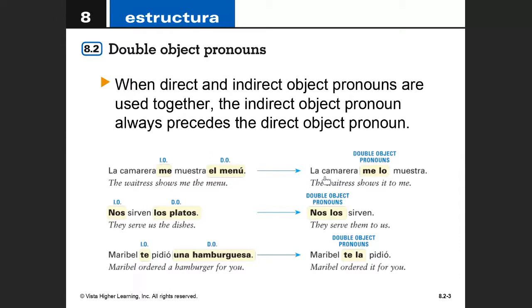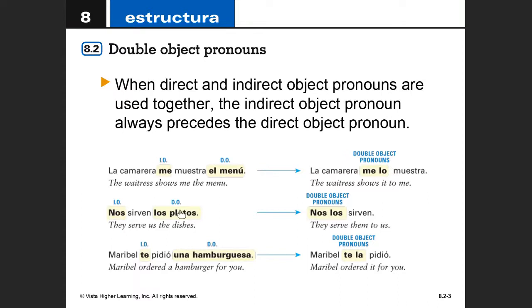So in here, it would say something like, la camarera me lo muestra. La camarera shows it to me. Okay? Nos sirven los platos. Over here, this is my objeto directo. Objeto indirecto, always at the front, always in front of the objeto directo.